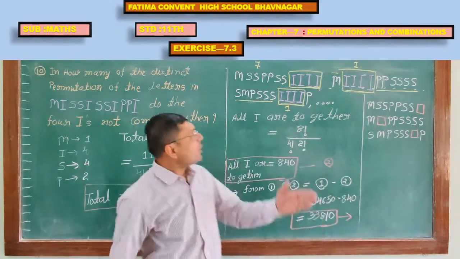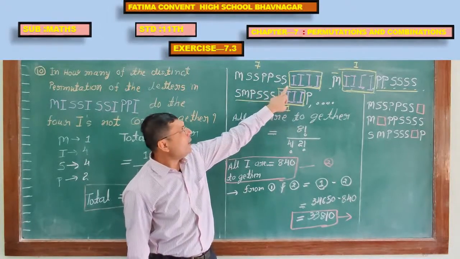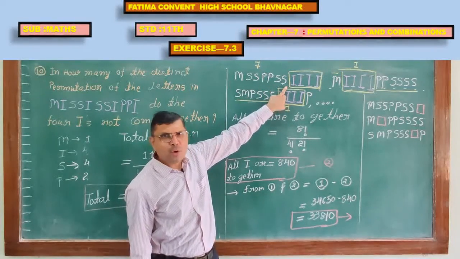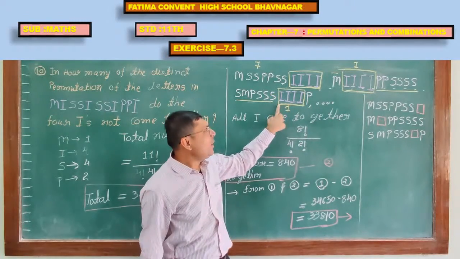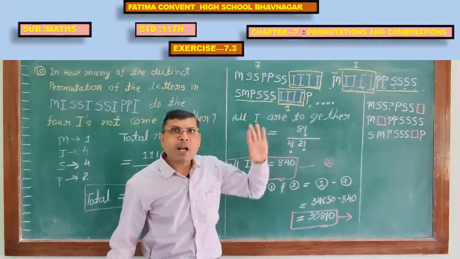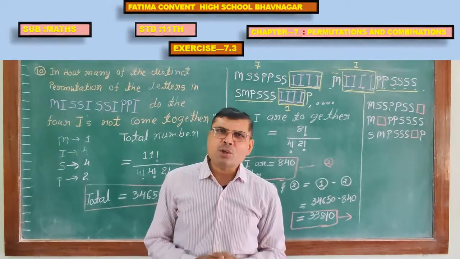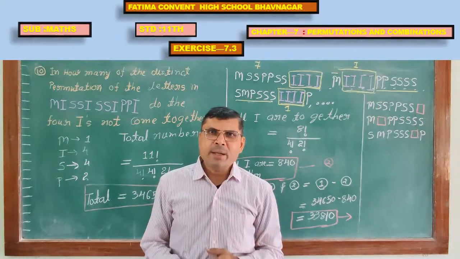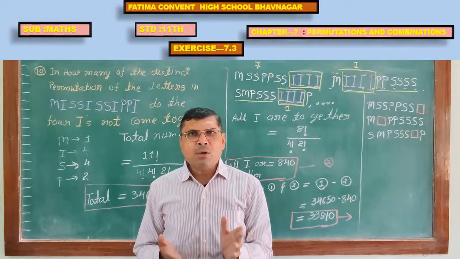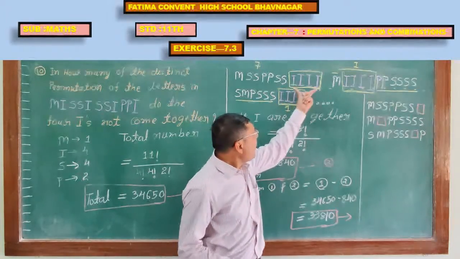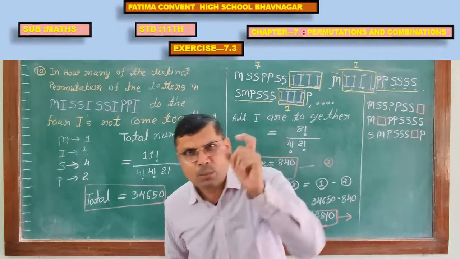How are they coming together? Like this. Alright, this is an example. The I's may be here, or here, or here, anyway. So a lot of combinations and permutations are possible. Now how to delete those? What I will do is consider all 4 I's together, and I will put them in a box.